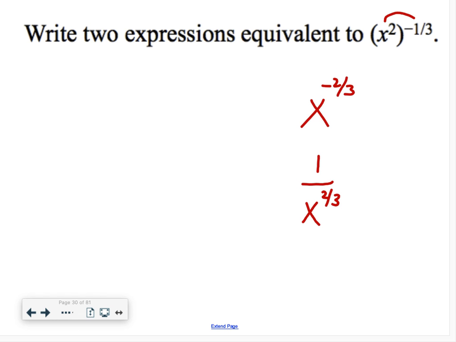Right now it's a rational exponent, so I could change this to the cube root of x squared. Same thing with this one. I could change it to the cube root of x to the -2nd. So all of these, I mean, I know it says 2 expressions and I just did 4, but you can see lots of different ways to write this, and there are still more.